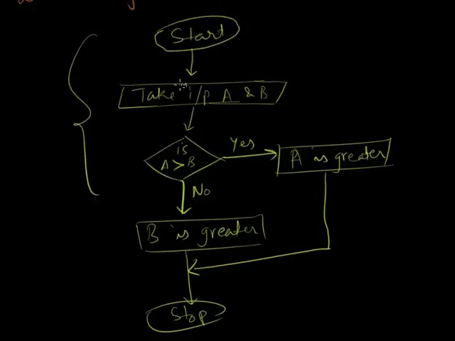And a flowchart always gives the flow of process. That's why it is called flowchart. It gives the flow, where the control goes, which statement is executed, and if there is some condition, it shows everything. So this is a flowchart.